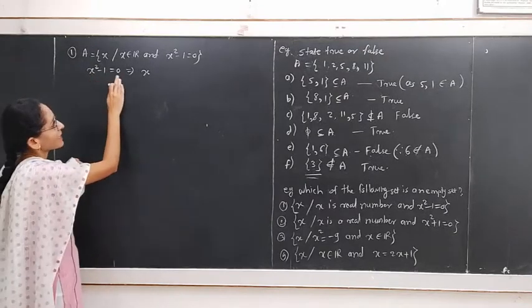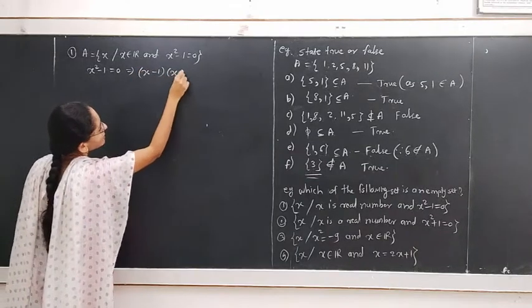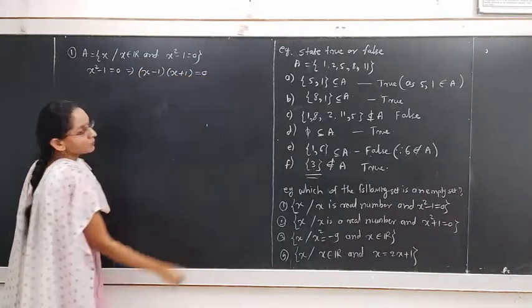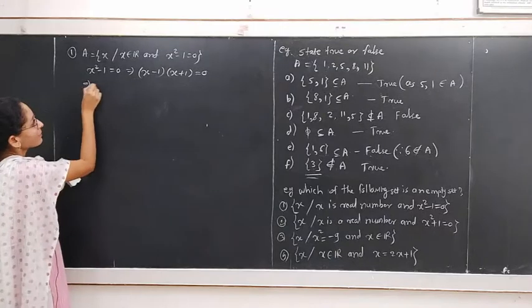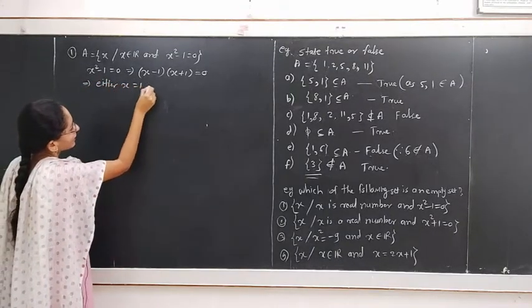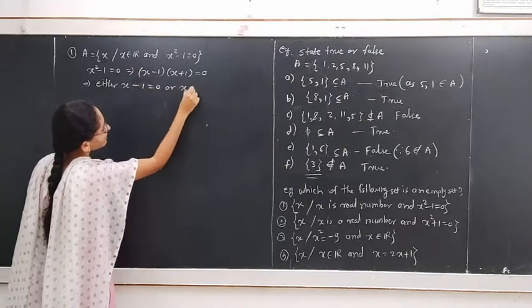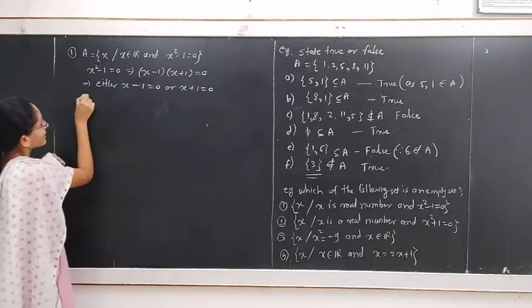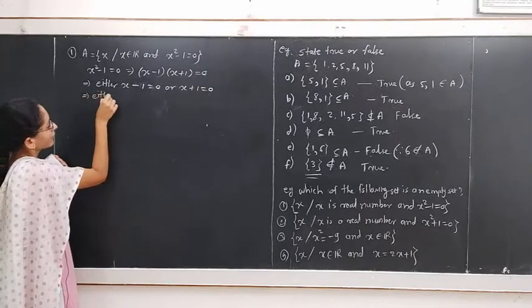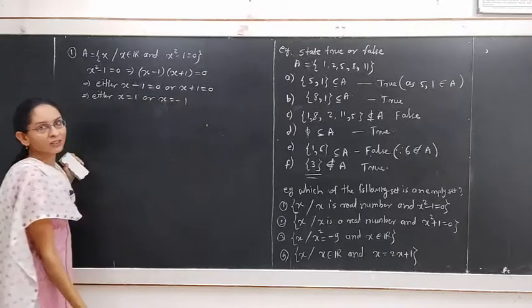Similarly, x square minus 1 equal to 0 implies x minus 1 into x plus 1 is equal to 0. This implies either x minus 1 equal to 0 or x plus 1 equal to 0. This implies either x is equal to 1 or x is equal to minus 1.